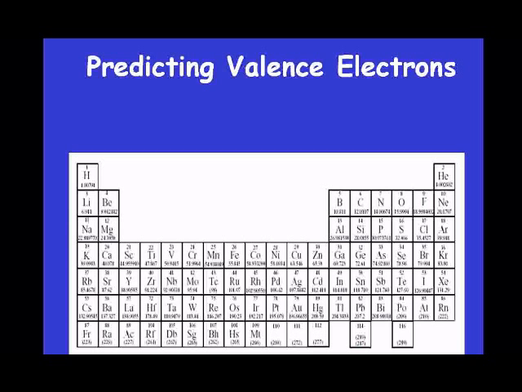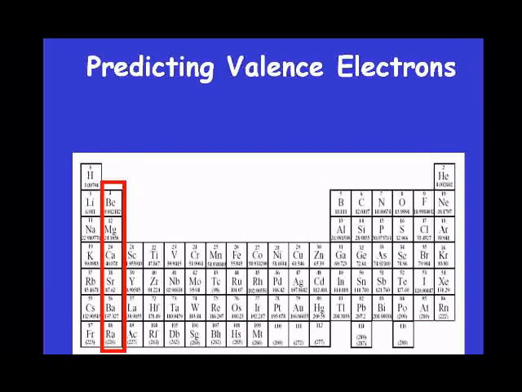Now, it's fairly easy to predict valence electrons because, like we just saw, all of our alkali metals will have 1 valence electron. And what we just saw was all of our halogens will have 7 valence electrons. Group 2, our alkaline earth metals, will have 2 valence electrons.